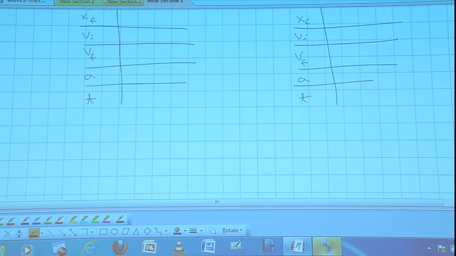We're starting here at x equals 0, and at some point the acceleration changes.